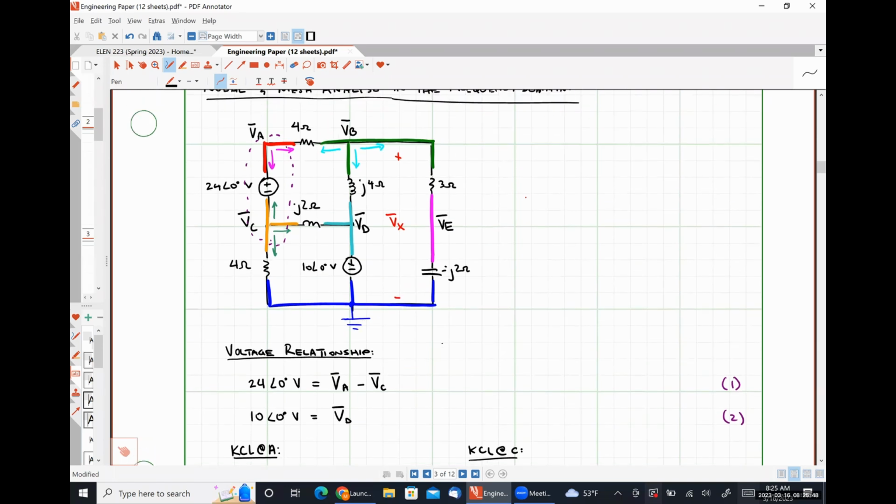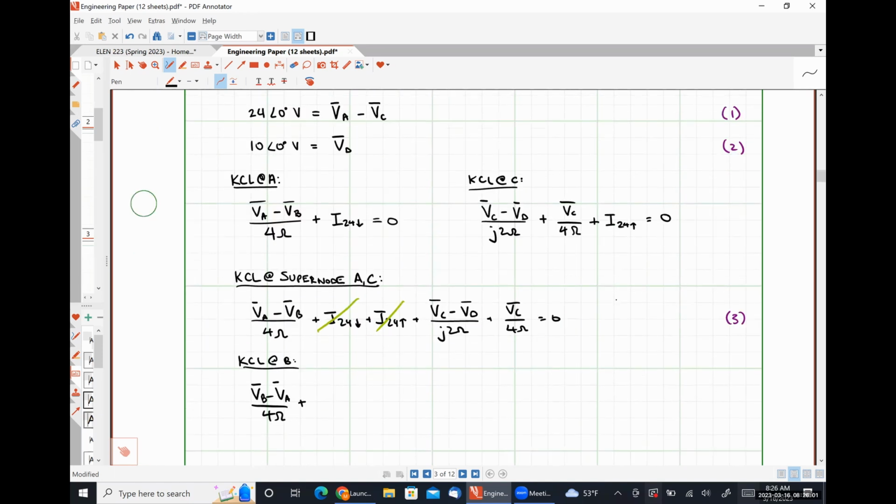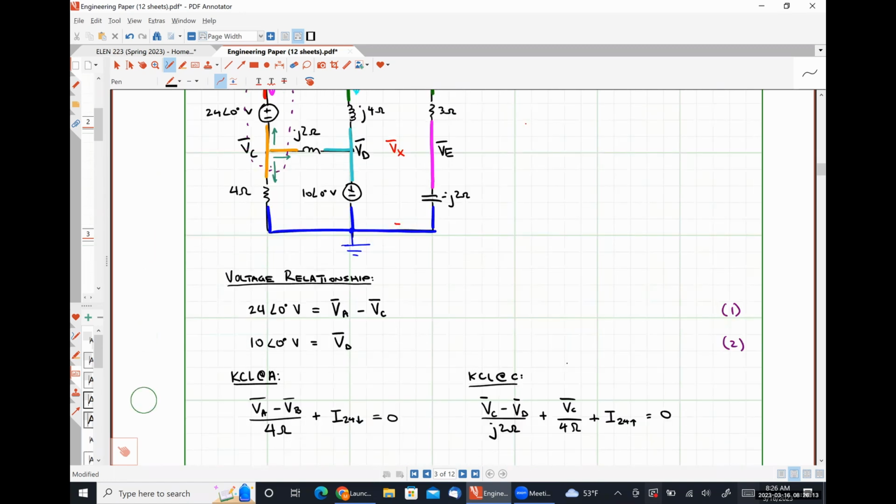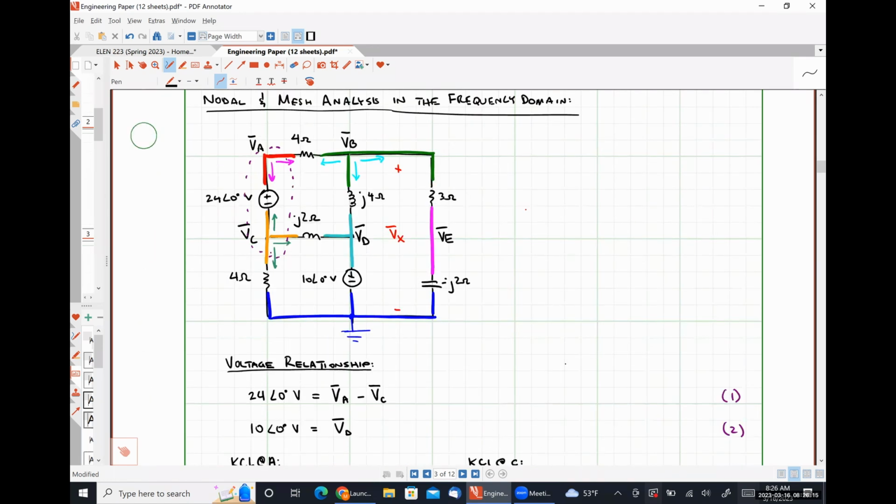Somebody else tell me what my current flowing down through the J4 ohm resistor is going to be, or J4 ohm inductor. Exactly right. And then somebody else tell me my current flowing to the right through the 3 ohm resistor.